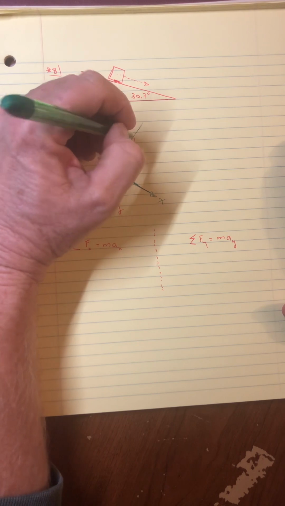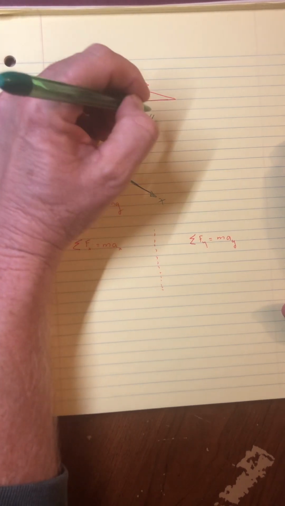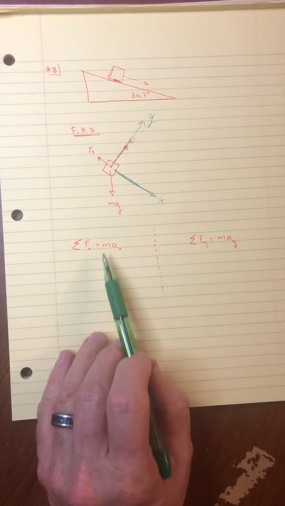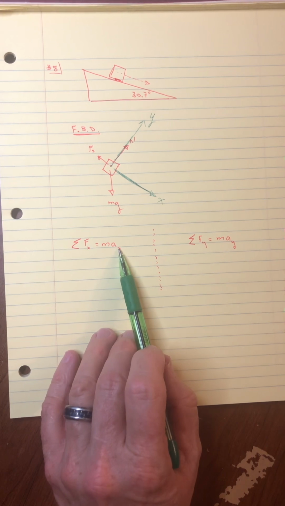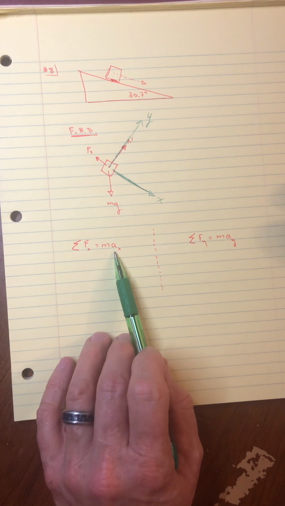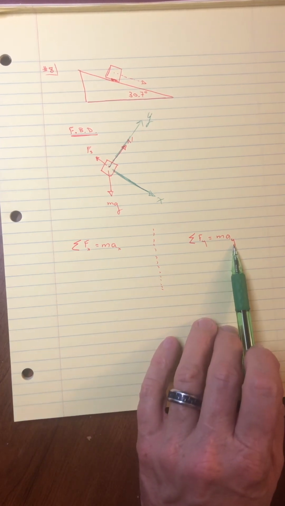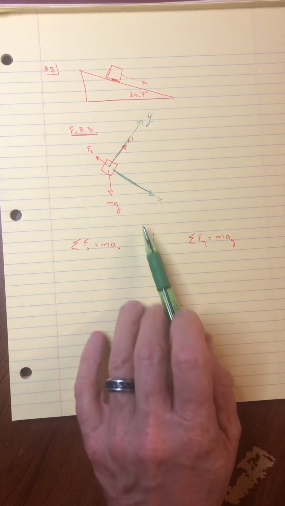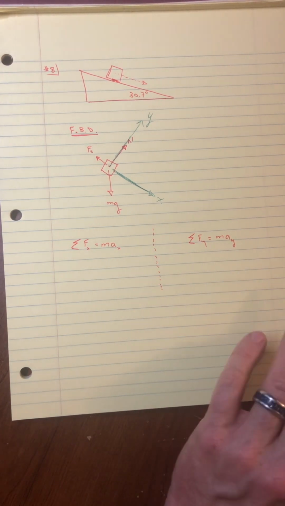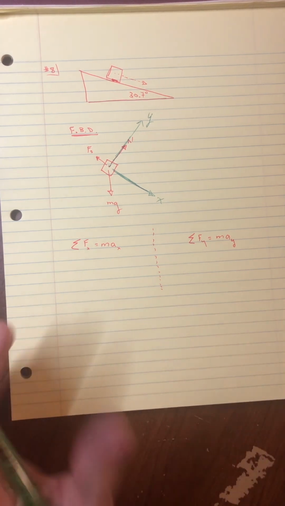And since the y-axis has to be perpendicular to the x-axis, that kind of dictates the direction of our y-axis. But just to point out, what's nice about this is that's going to make this term, the acceleration, just a. There won't be a sub-x or anything because it's just all the acceleration. And then that one will also be 0. Whereas if we didn't do that, we would probably have to have a cosine of some angle and then a sine of some angle. And it makes it a harder problem.